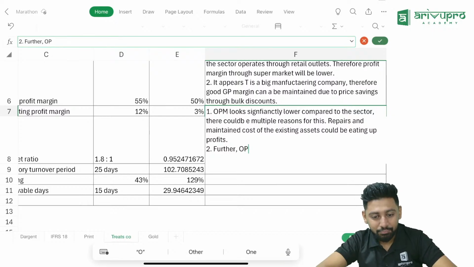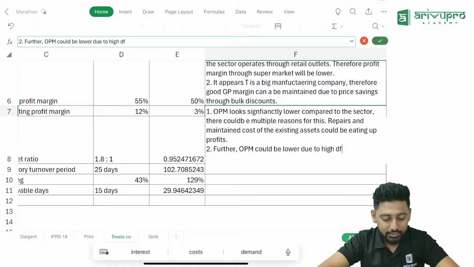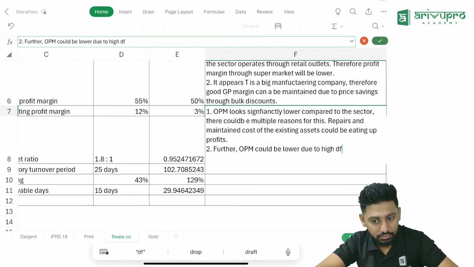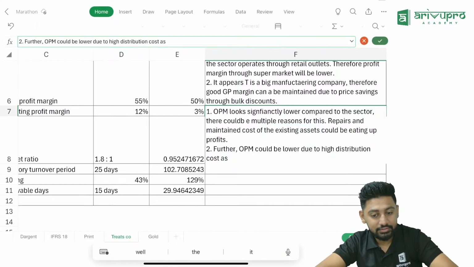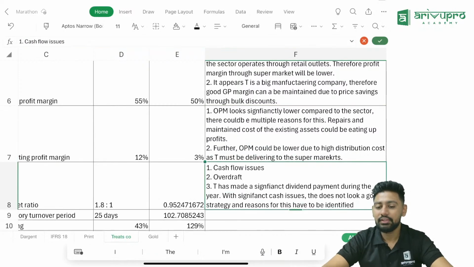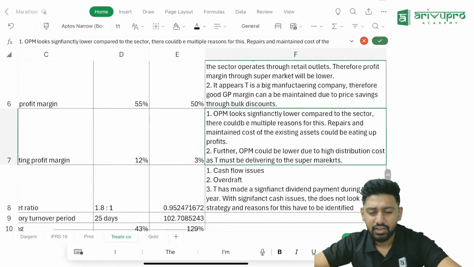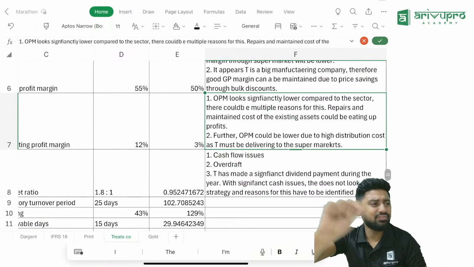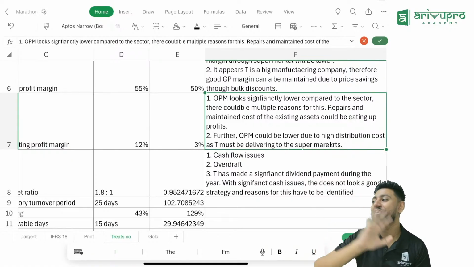Further, operating profit margin could be lower due to high distribution cost, as Treat must be delivering to the supermarkets. This is killing my operating profit. Now you see, my second point is just one line, but I'm providing a justifiable reason.